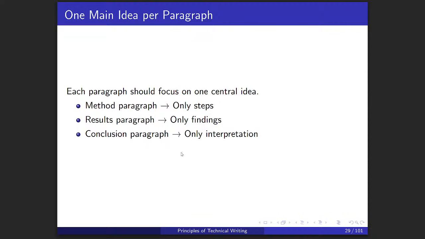If you are writing a conclusion paragraph, you need to stick to the conclusion that you are mentioning at the end of your paper. You should not deviate. In a method paragraph, you should not include results. In a results paragraph, you should not include methods. In a conclusion, you should not include methods or results. That is how you need to write.